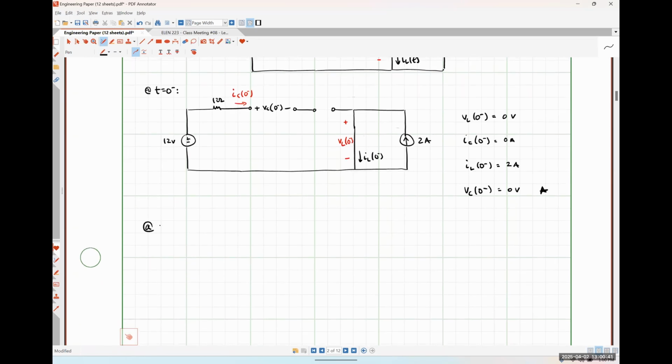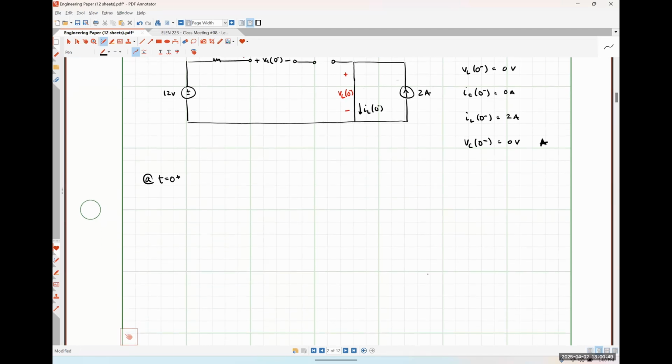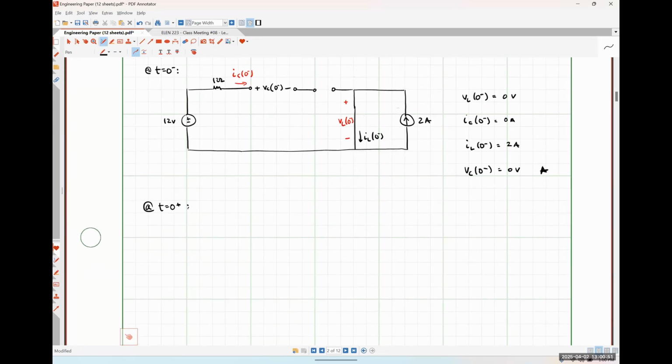So at t is equal to 0 plus, now that switch is going to be closed, right? So our overall circuit should look something like this. So here's my 12-volt source. Here's my 12 ohm resistor. Since the voltage drop across my capacitor was 0 volts at 0 minus, my capacitor is going to have a 0 volt drop across it at 0 plus, so it's going to look like a short circuit.